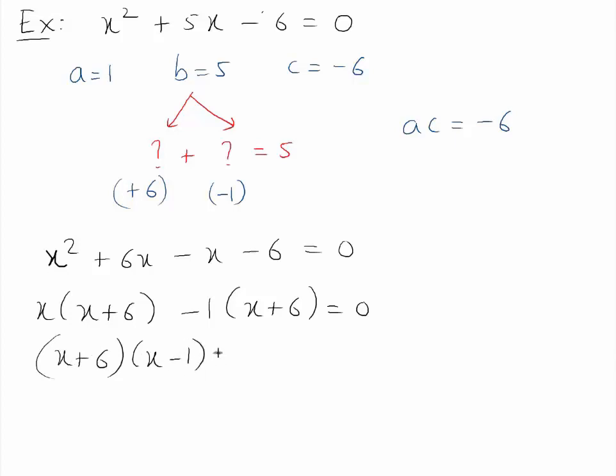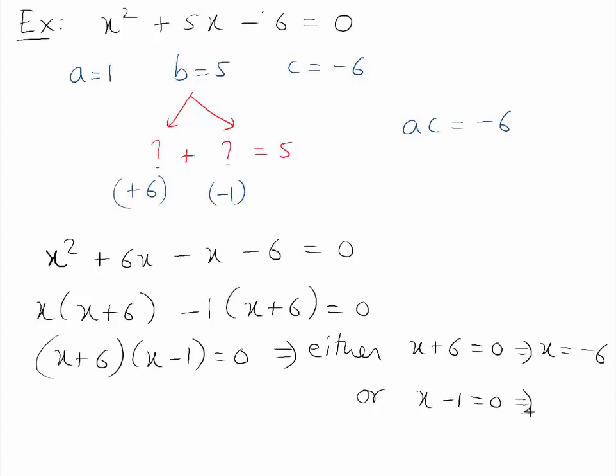We'll get x plus 6 multiplied by x minus 1 equals 0. So this implies either x plus 6 equals 0, that is x equals minus 6, or x minus 1 equals 0, which is x equals 1. Therefore, roots are x equals minus 6, 1.